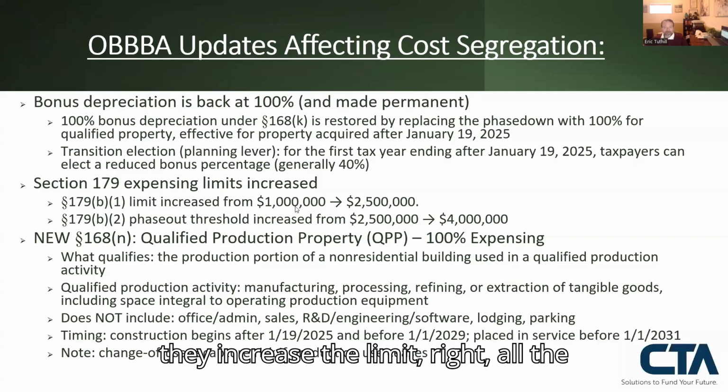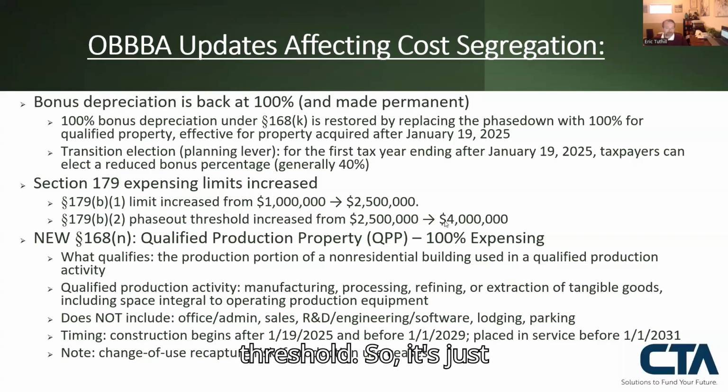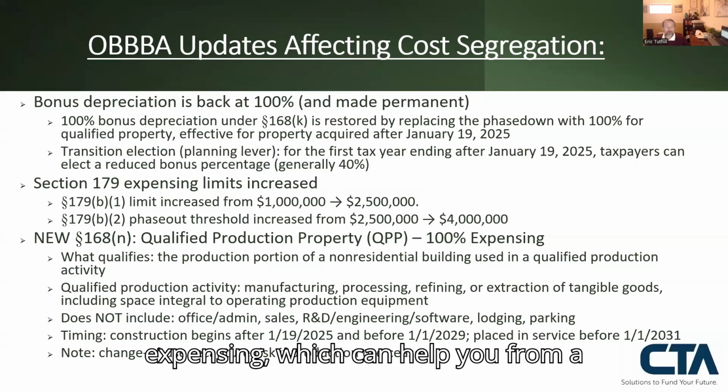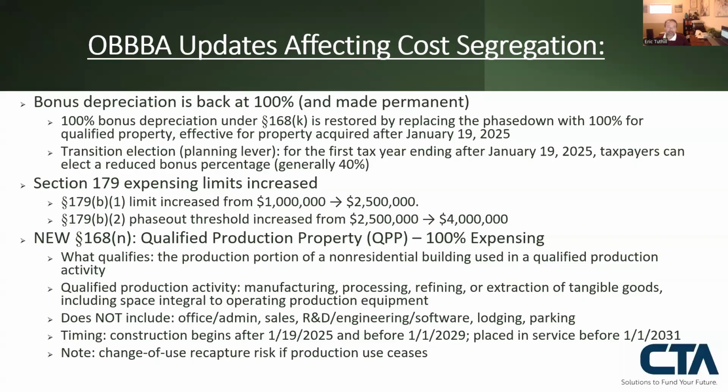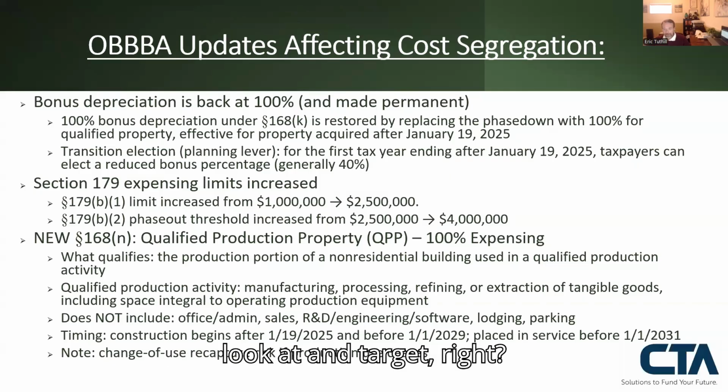But they increase the limit all the way up to 2,500,000, and they increase the threshold. So it's just another tool in your toolbox in terms of expensing, which can help you get to the maximum amounts that you're trying to look at and target, right?